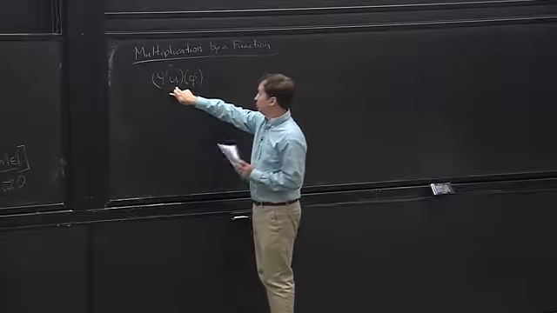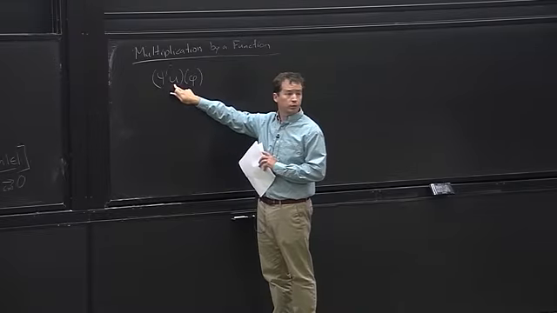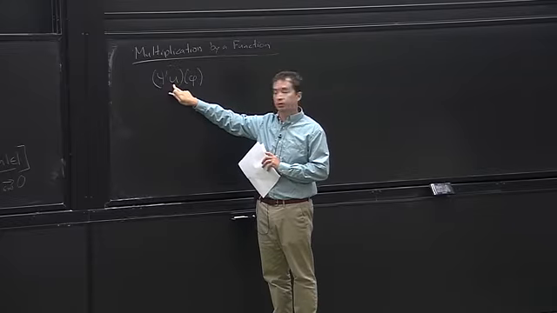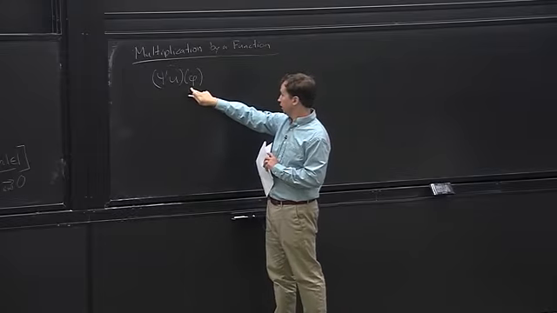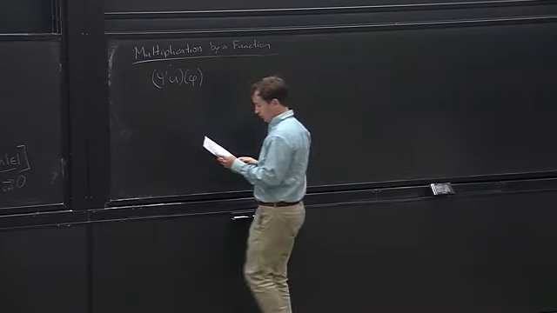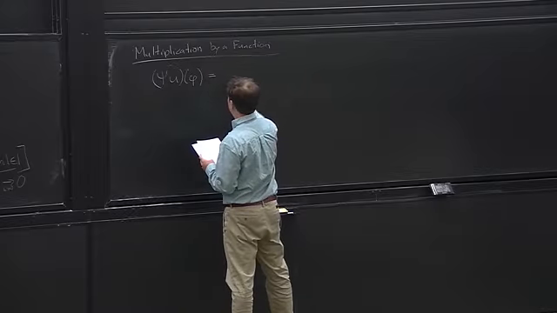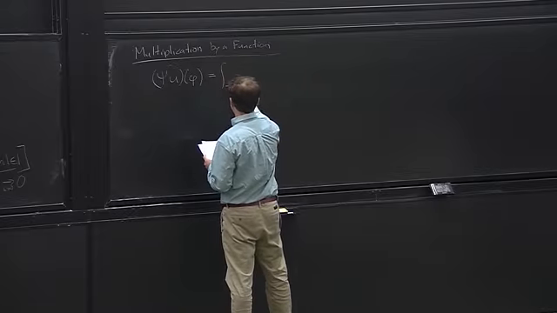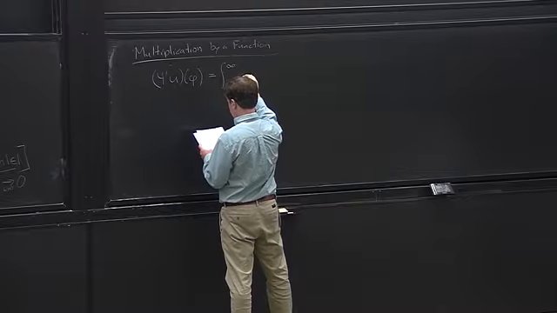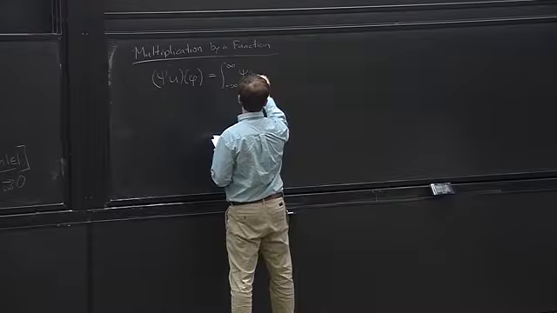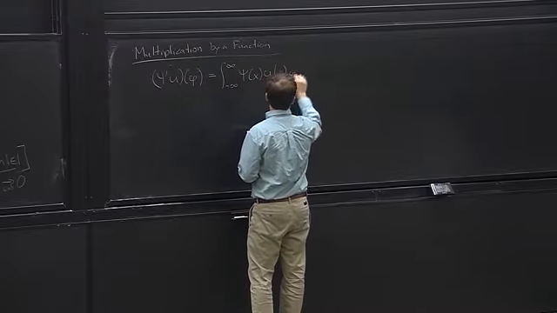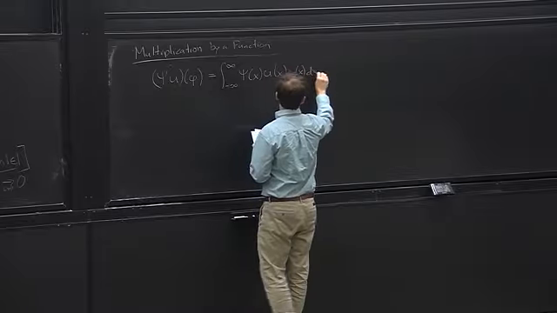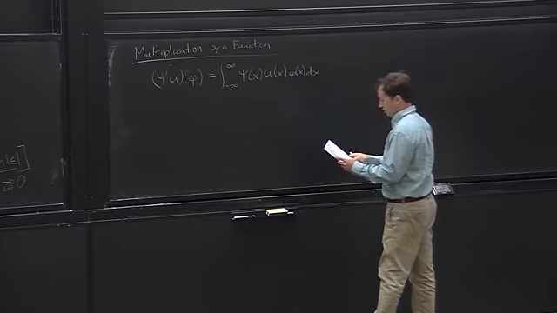So let's suppose we want to multiply our distribution u, which for now we'll assume is a locally integrable function, by some other function psi, and act with that on the test function phi. Well, if u is a locally integrable function, we can just write down a simple expression for this. Psi of x, u of x, phi of x, integrated from minus infinity to infinity.